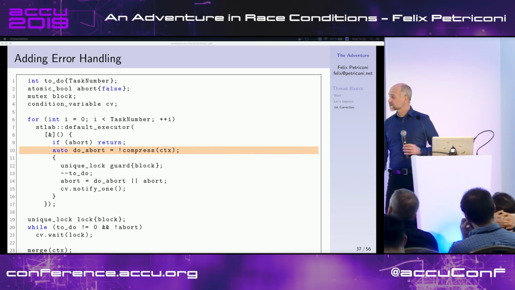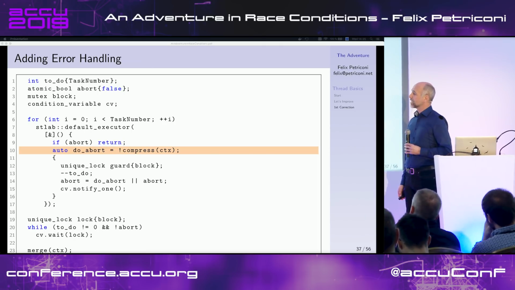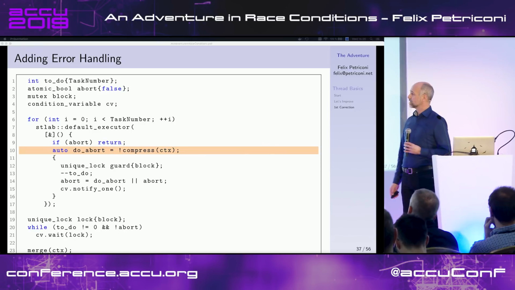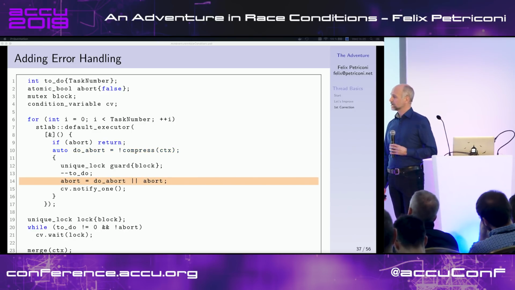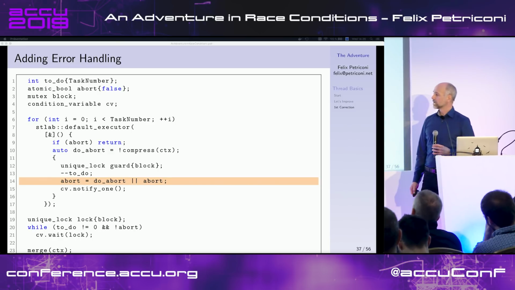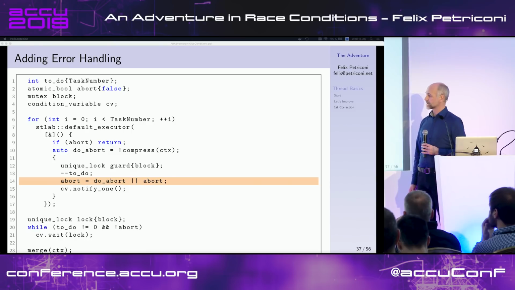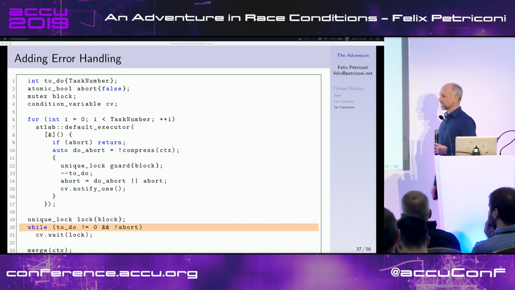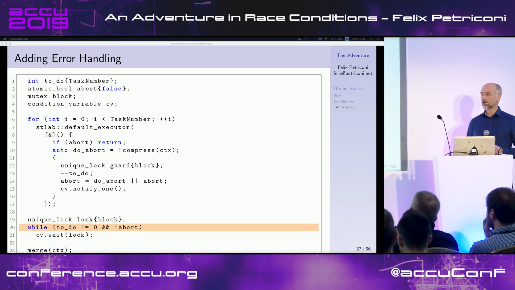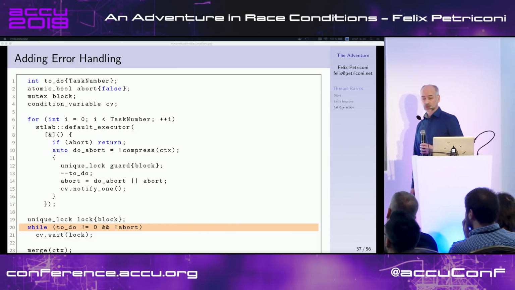If we can proceed, then we just remember locally whether we shall abort or not, and we remember, shall we abort to the outside? Okay, and then, as long as we have something to do and shall not abort.